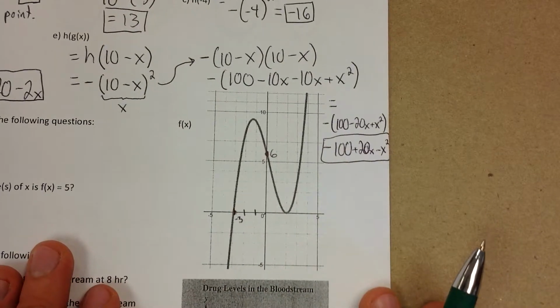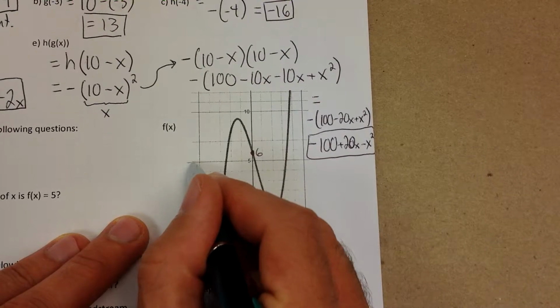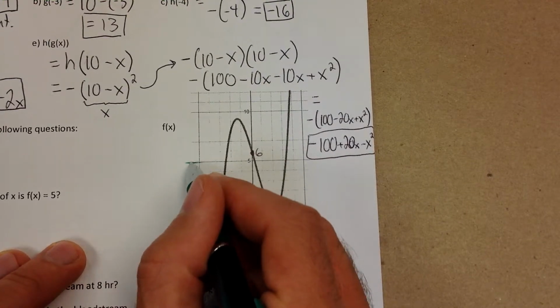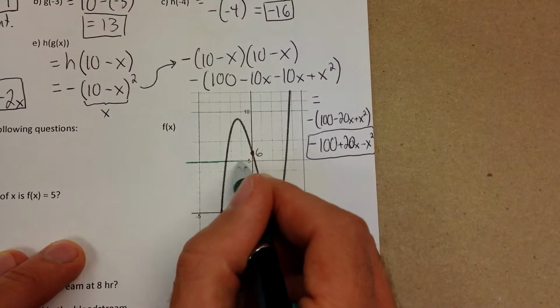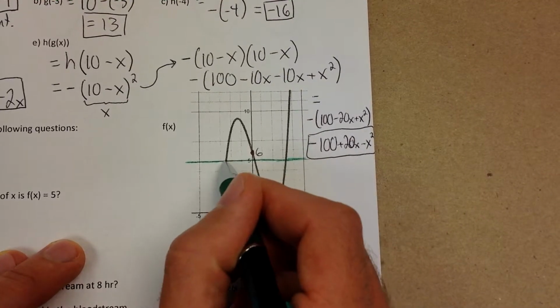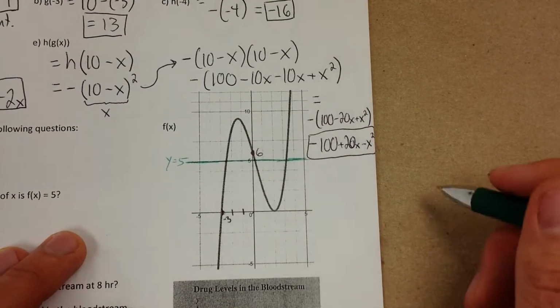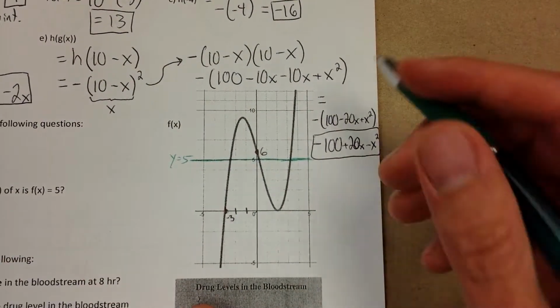Okay, thank you for your honesty. We're trying to root out any misunderstandings here. So you're told that f of x equals 5. That's another way of saying that y equals 5. So you want to know what x values is the function equal to 5.